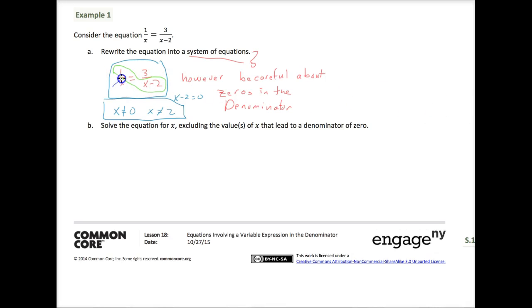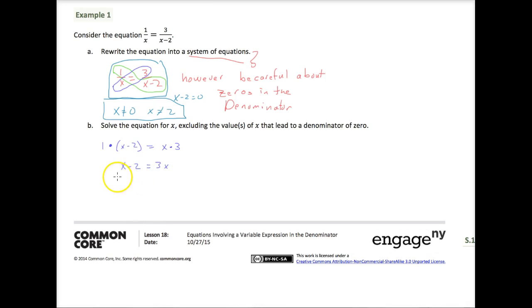But if they're across from each other, feel free. So we see 1 times the quantity x minus 2 equals x times 3. It really doesn't matter if you wrote x times 3 over here. What we see is x minus 2 equals 3x.